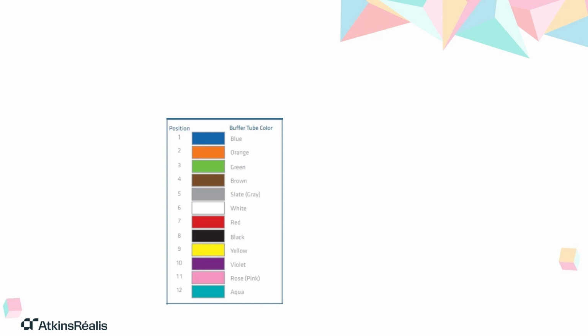We would have 5 buffer tubes completely filled of that schema. That would get us to 60. Then the 61st would be the first fiber in the remaining buffer tube, or the blue fiber. So that means the 61st fiber would be the blue fiber in the 6th buffer tube.